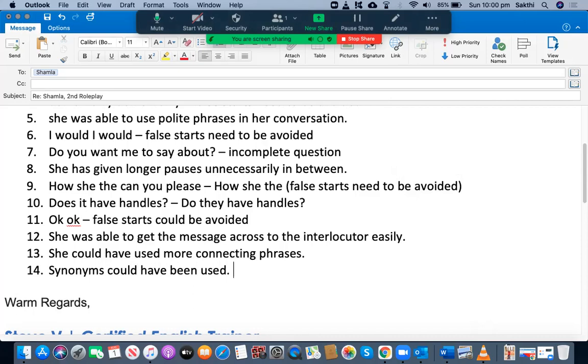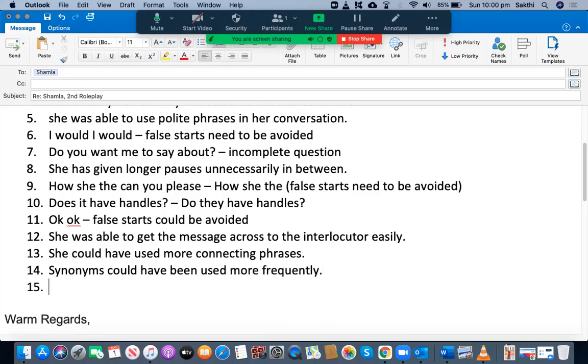Instead of using modifications again and again, she could have used the verb form. If you could modify the toilet, that could have been much better. Or if you could redesign, renovate, refurbish, restore. If you use these kinds of verbs, they are going to help a lot in order to achieve good scores in vocabulary.